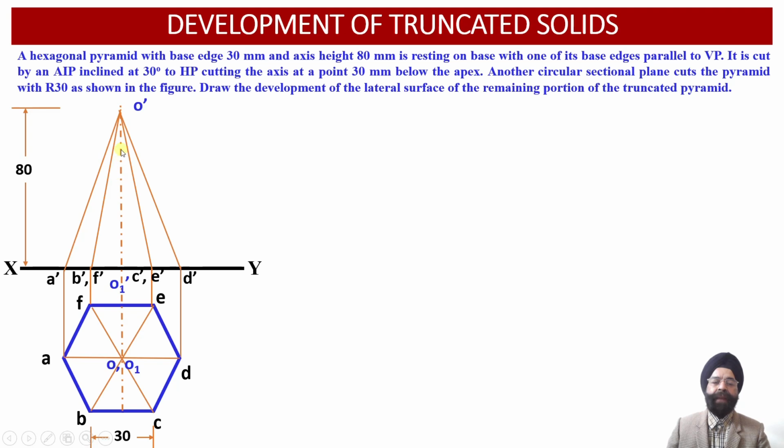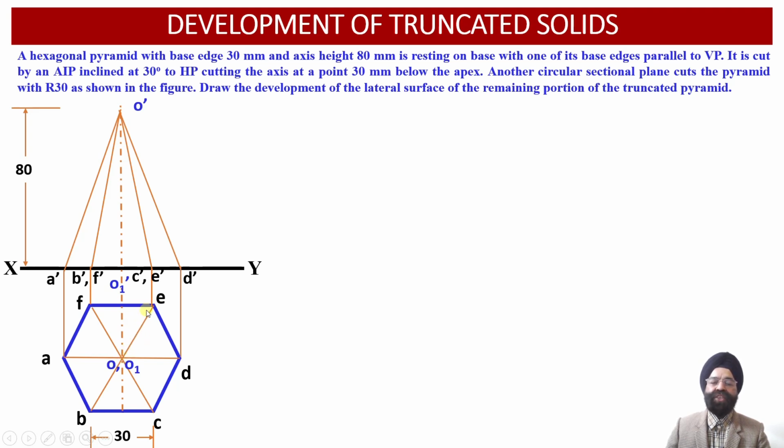So that is why the object line projections corresponding to the slant generator O dash B dash in the front view projections have overlapped with or superseded the dotted line projections corresponding to the slant edge O dash F dash in the front view projections over here. Similarly, the slant edge OE lies at the back side. So again, it's not visible to the observer.